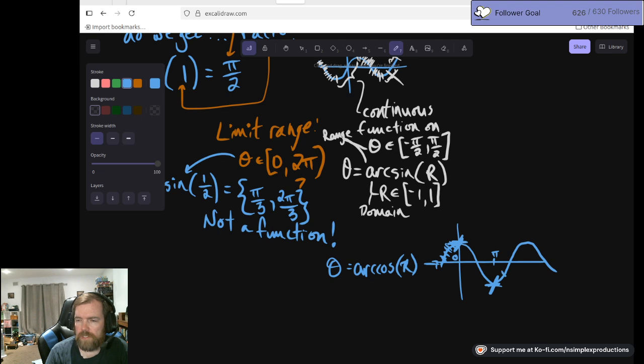Right, eliminate all this stuff, eliminate all that stuff. It's not going to work for us. We're only including the values between 0 and pi. That's going to be our range. Theta is going to go from 0 to pi inclusive, and r is also going to go from -1 to 1 inclusive.